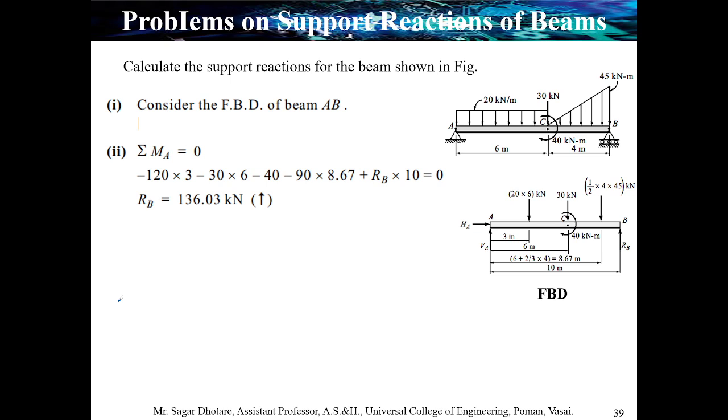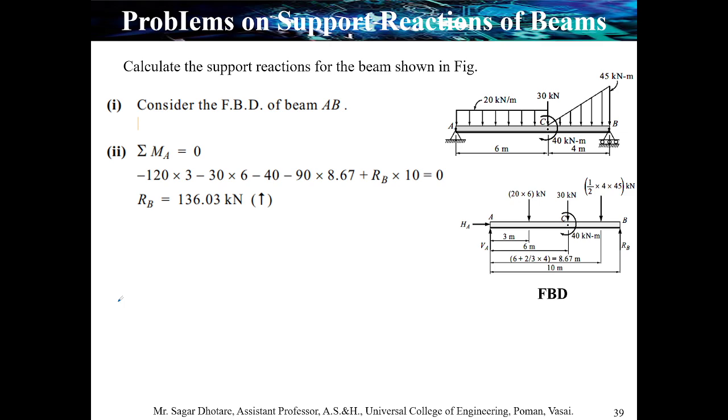Now there is a couple acting in a clockwise direction, and on the right side clockwise is negative, anti-clockwise is positive. Whenever you have a couple, you can directly use its value. You need not multiply it with a distance. So you can directly use 40 kilonewton meter, and as it is in a clockwise direction, minus 40.